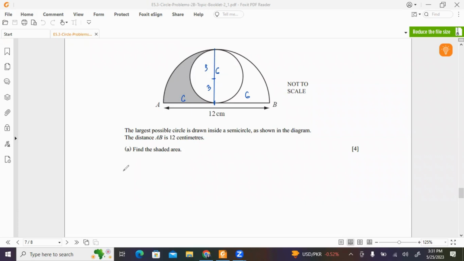So the radius of the circle drawn inside the semicircle is 3. Area 1 is going to be pi r squared over 4. This represents the quadrant, this quarter of the circle. And radius for this part is 6.